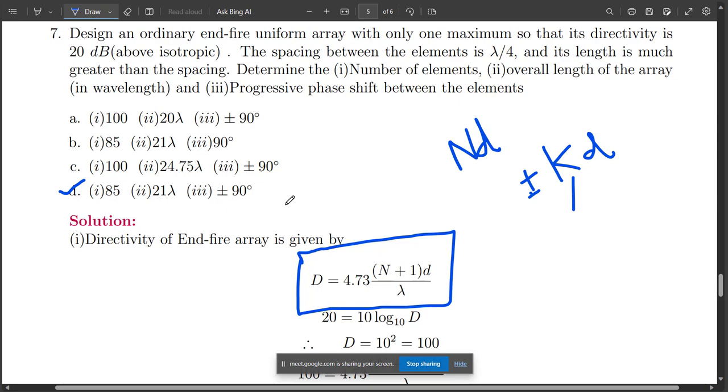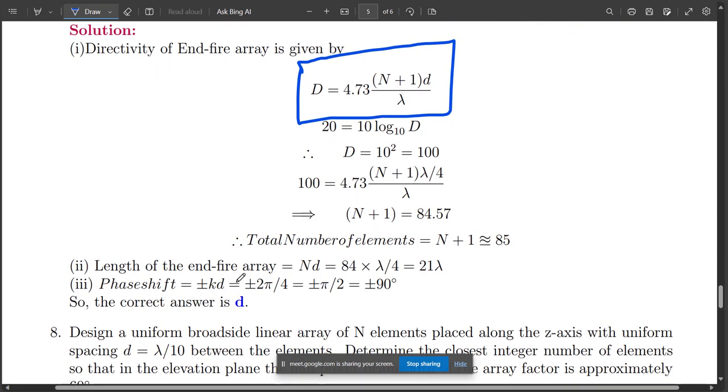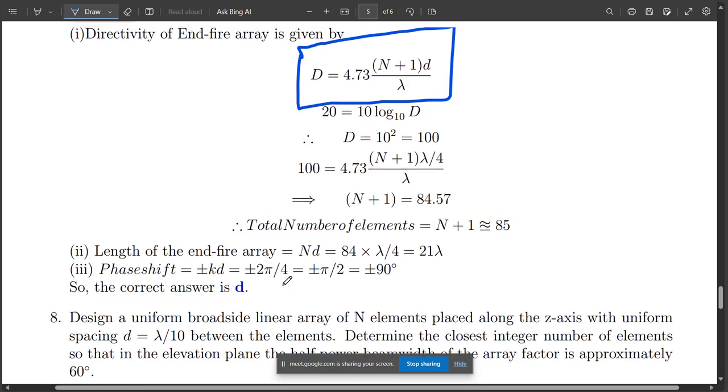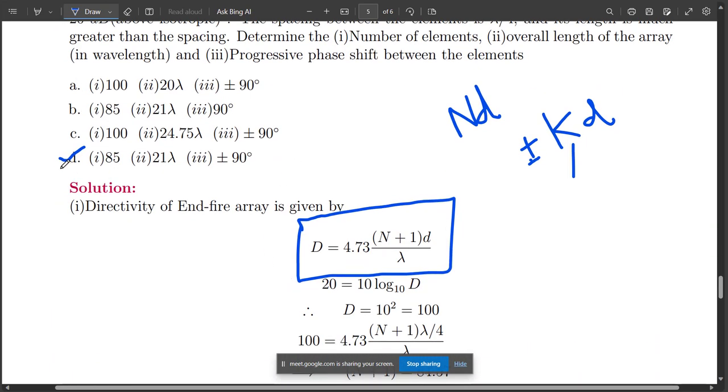So the total number of elements will be 85. Overall length will be 21d, and the progressive phase shift between the elements will be plus minus 90 degrees. The formulas I already discussed. I gave you the hint, and this was the answer.